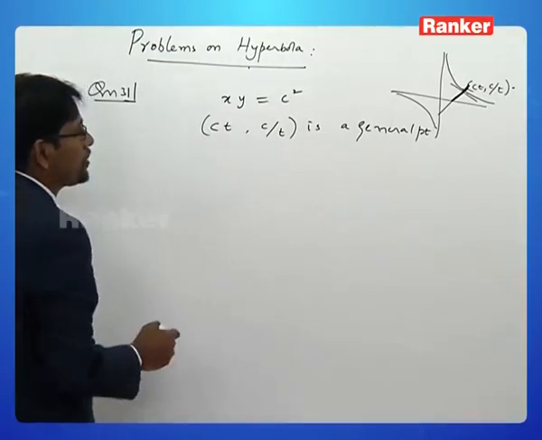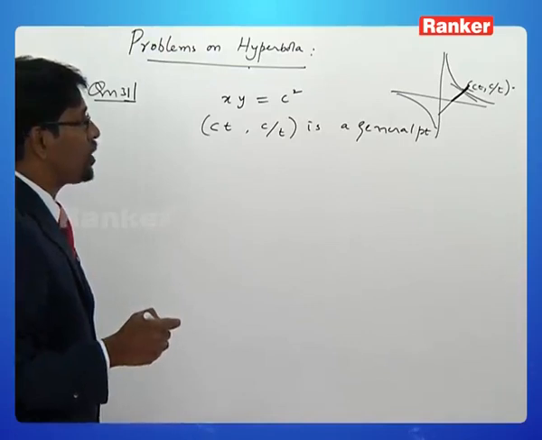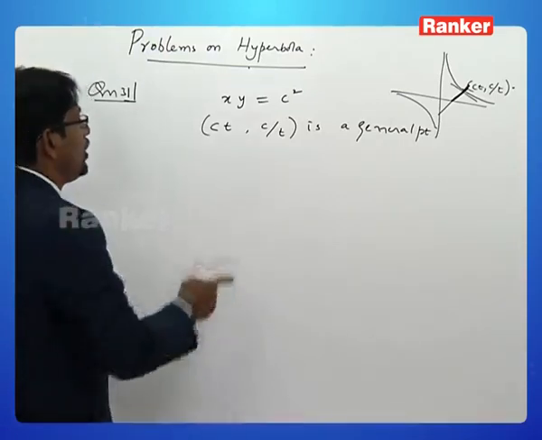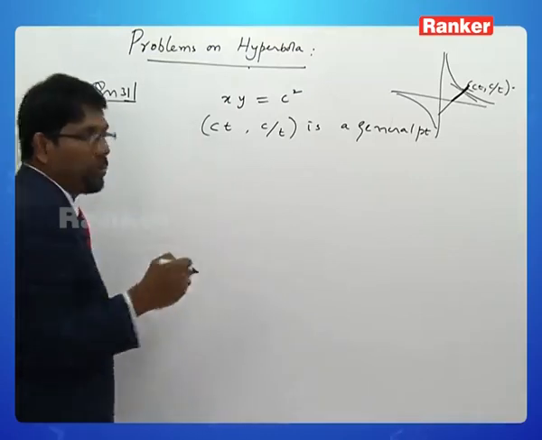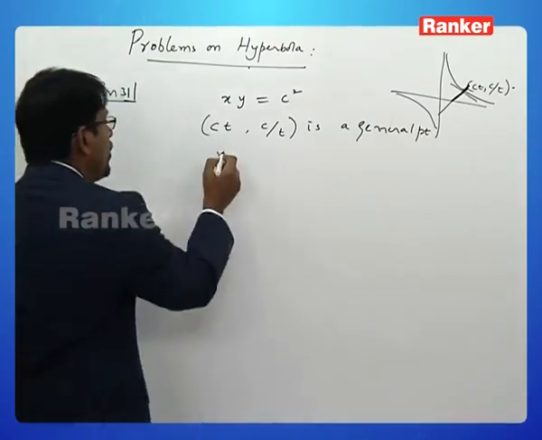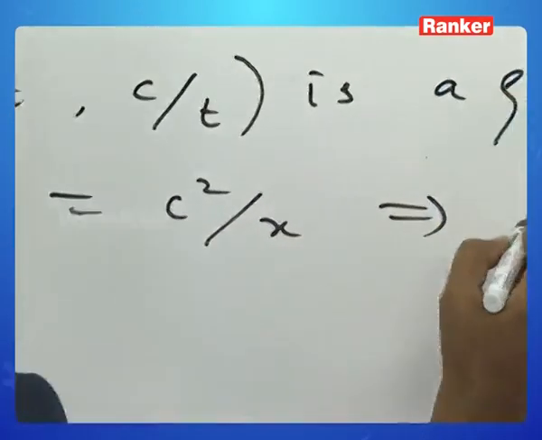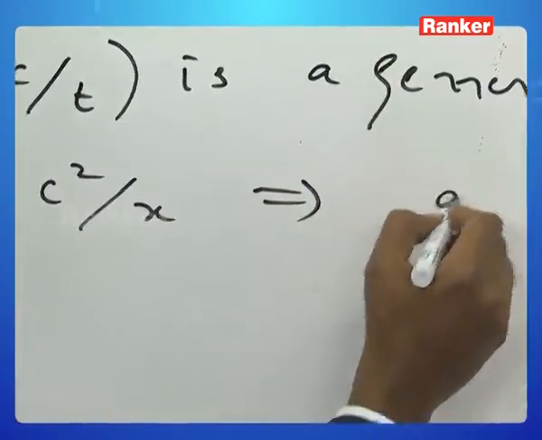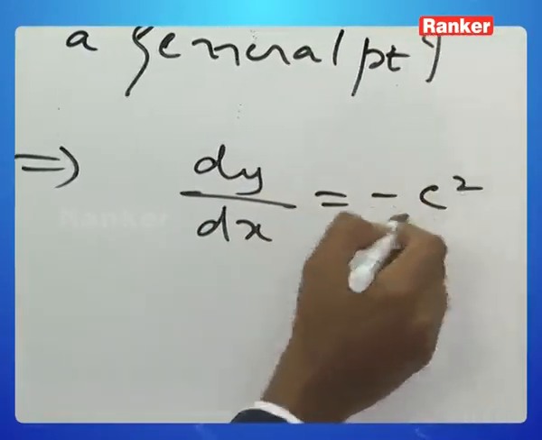How do we write it? We need to find out the slope of the normal there. What is the slope of the normal at the point ct comma c by t? Minus 1 by dy by dx. Let's go for that. y is equal to c square by x. That gives me dy by dx to be equal to minus c square by x square.